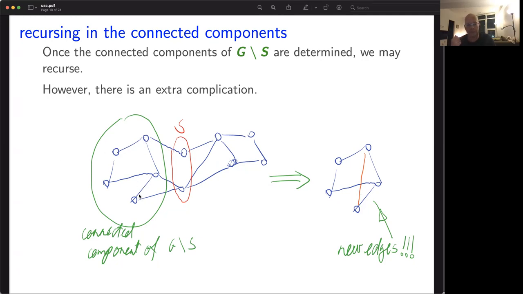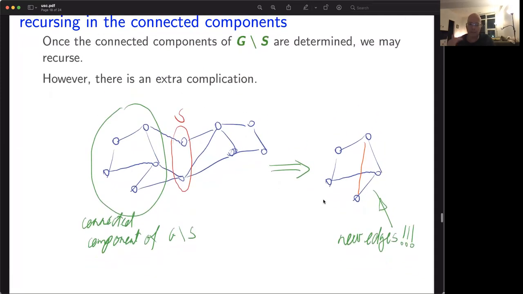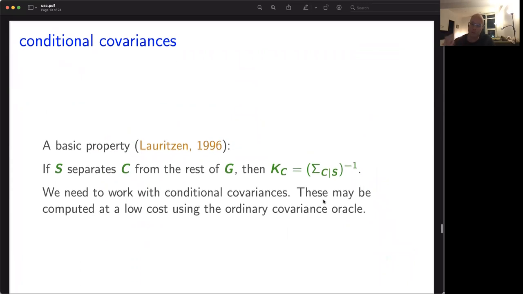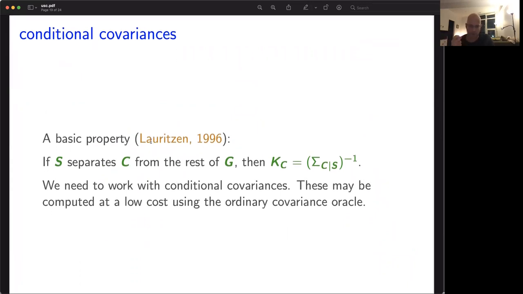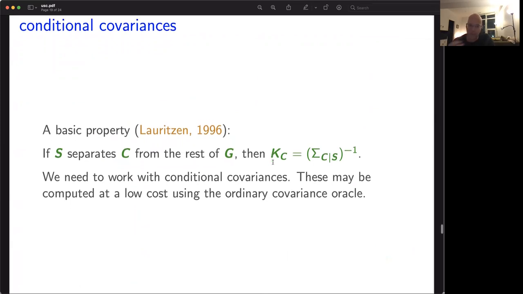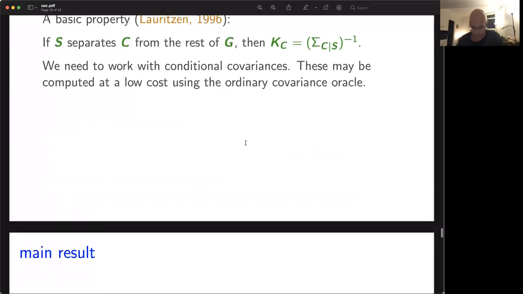Because this vertex and this vertex may be dependent through this path. So there may be new edges, but one can take care of this by using a nice property that's well known in the theory of graphical models. One can use conditional covariances, and these can be computed quickly using the covariance query.